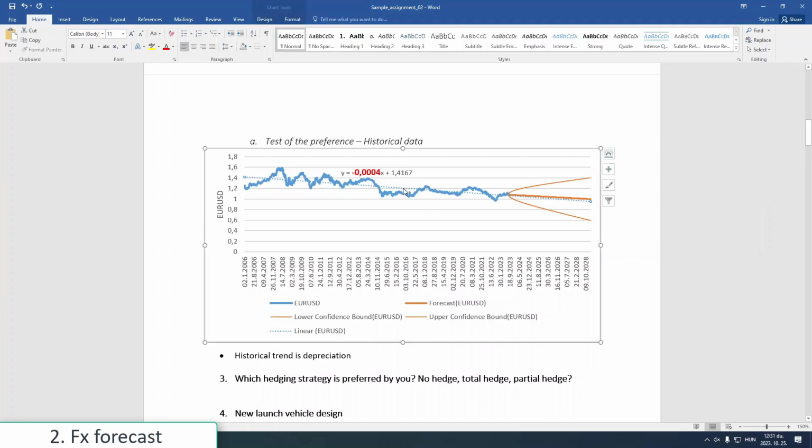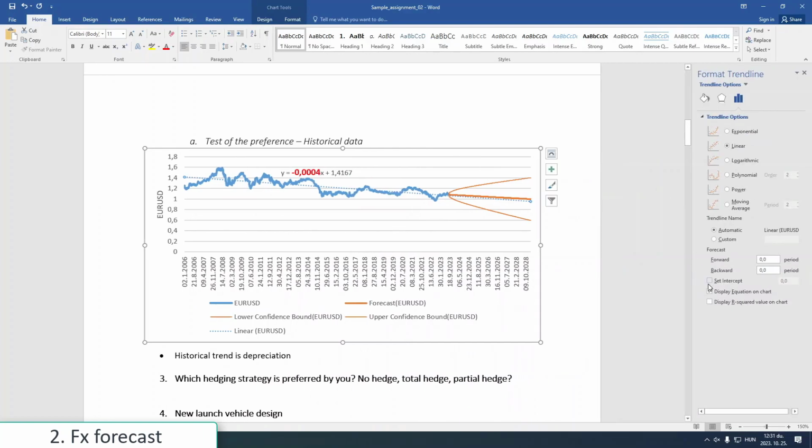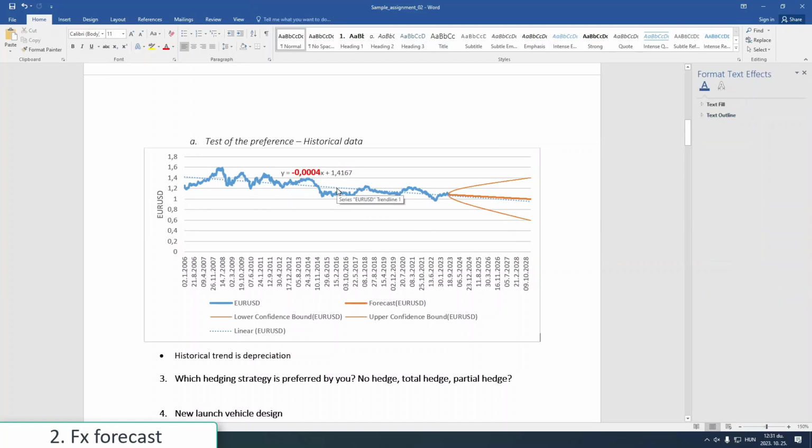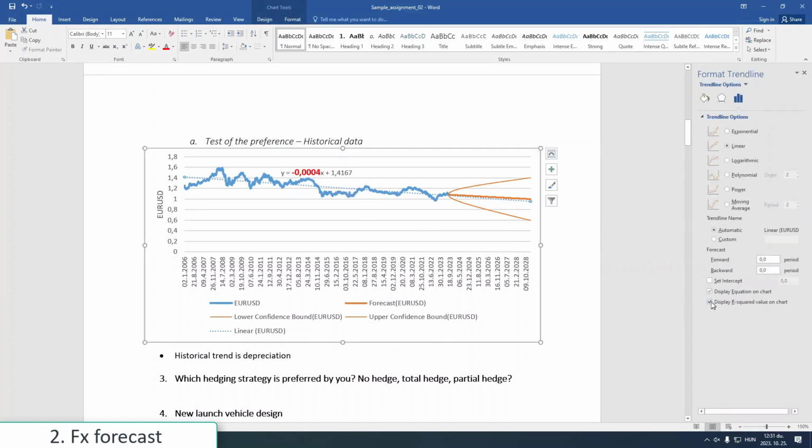And also we could say that, yeah, but what is the R square of this one? So actually, what is the accuracy? What is the R square? Display R squared value on chart. I'm looking at it, but whatever.